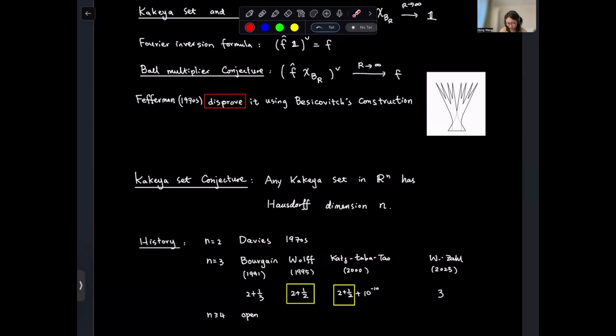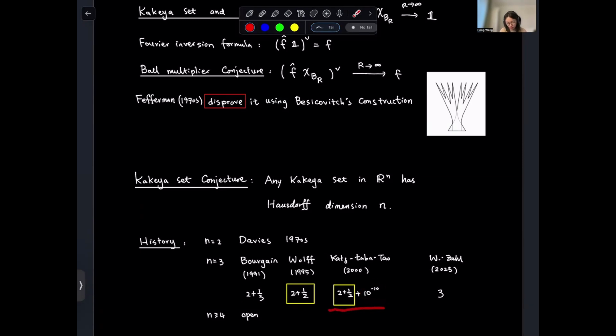The work of Katz, Łaba and Tao showed that any Kakeya set in R^3 has Minkowski dimension, which is a weaker notion of dimension, greater than or equal to 2 plus 1/2 plus a tiny positive number.